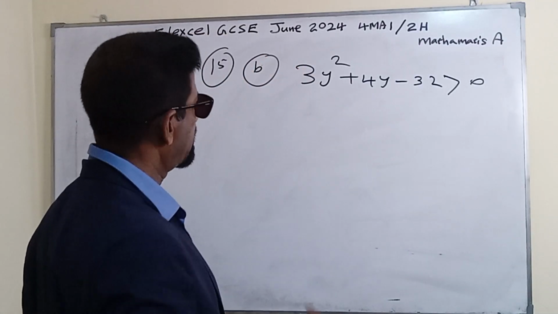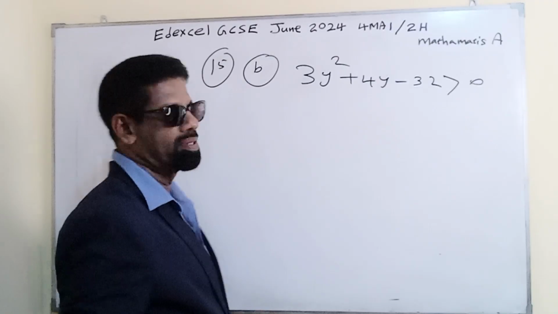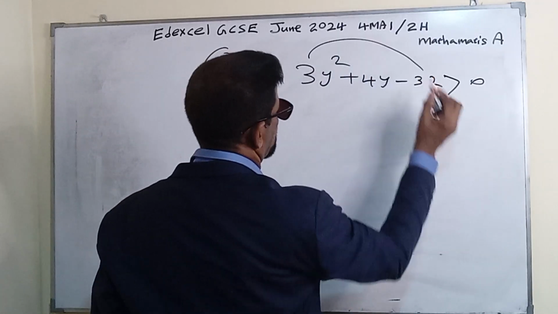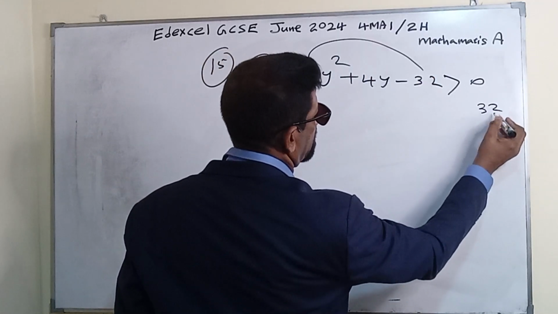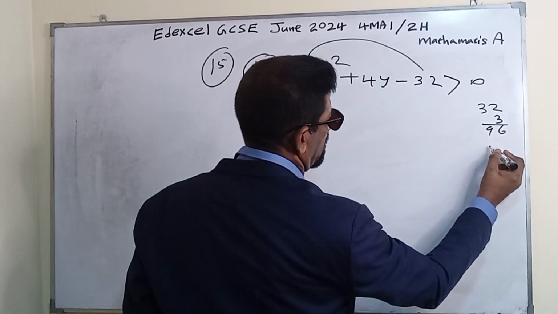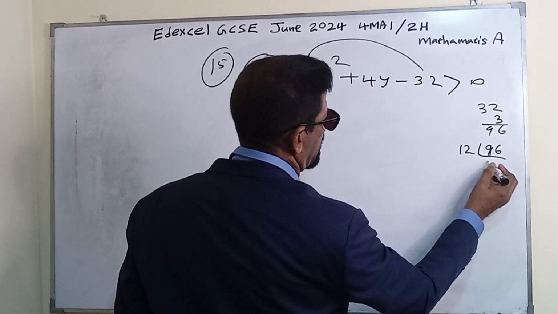Now find the value. I think this is a factor question. Use the quadratic ax squared plus bx plus c method: another way, multiply these two. So 32 times 3 is 96. So that 96 comes from 12 times 8.